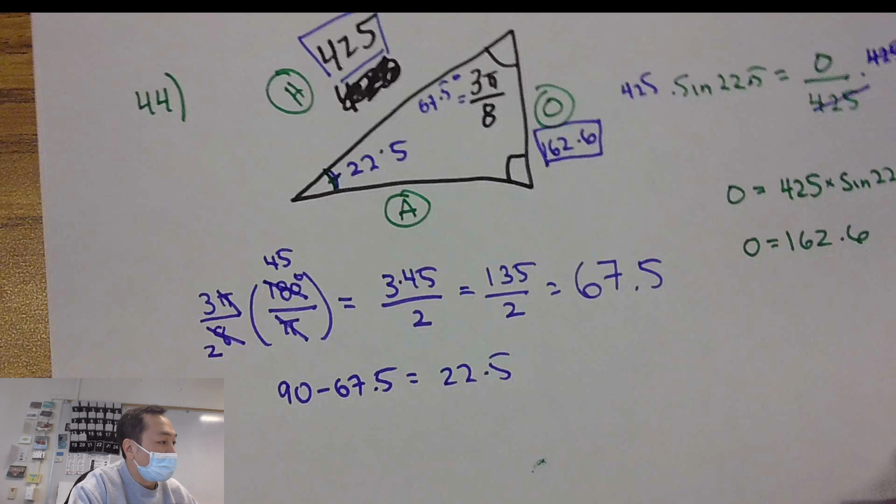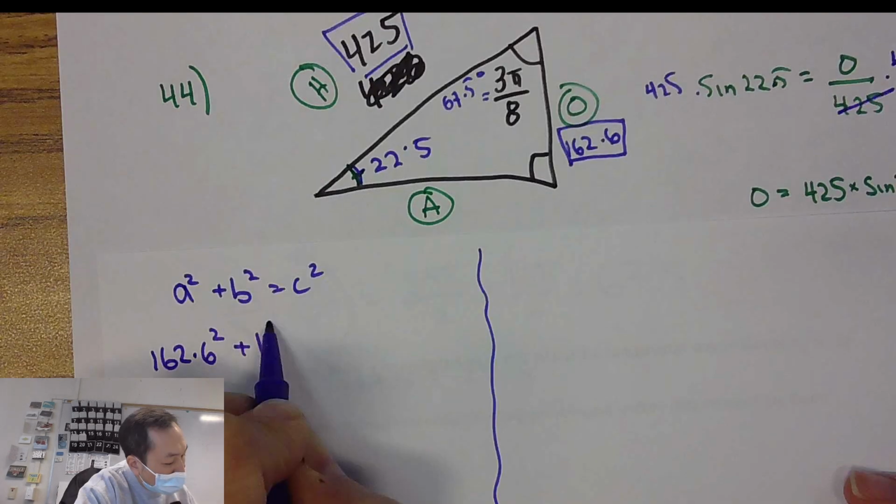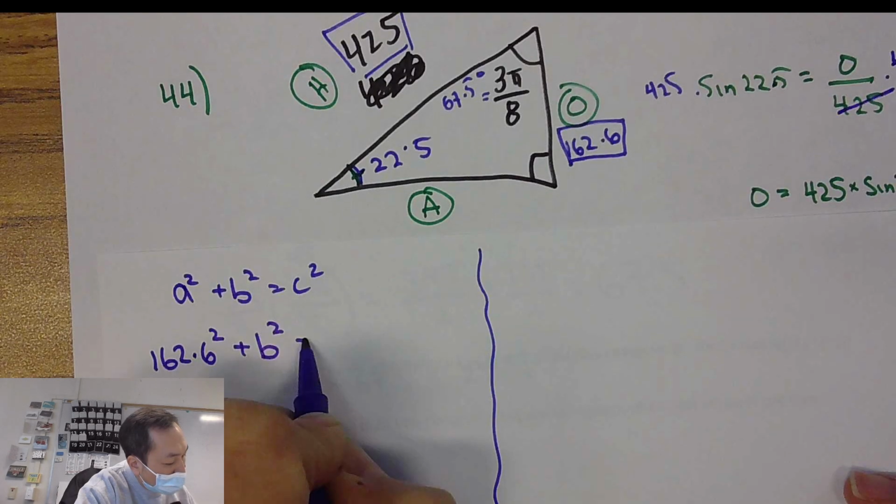So using the Pythagorean theorem first, A squared plus B squared equals C squared. That'll be 162.6 squared plus B squared equals 425 squared.